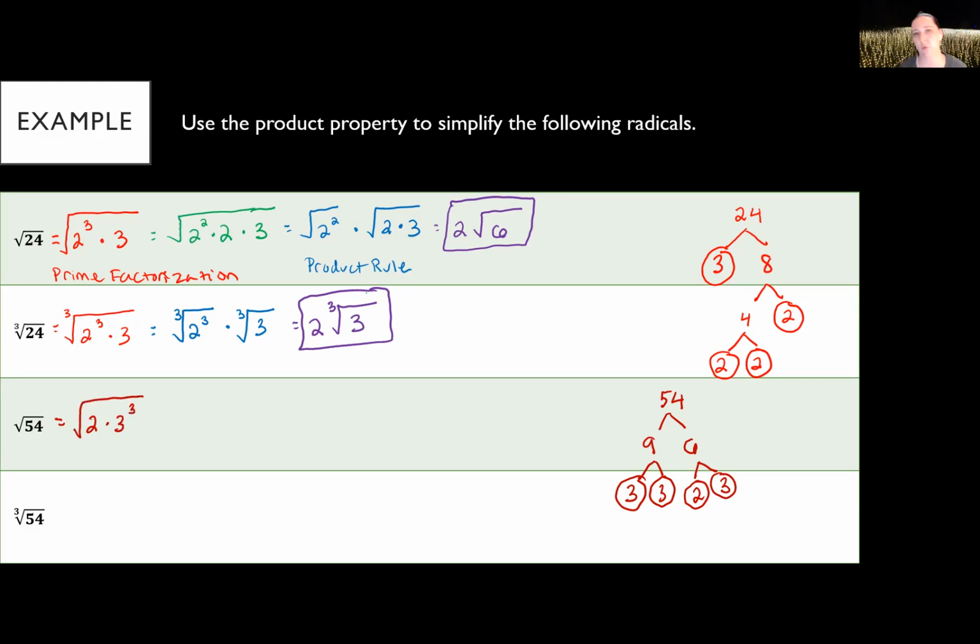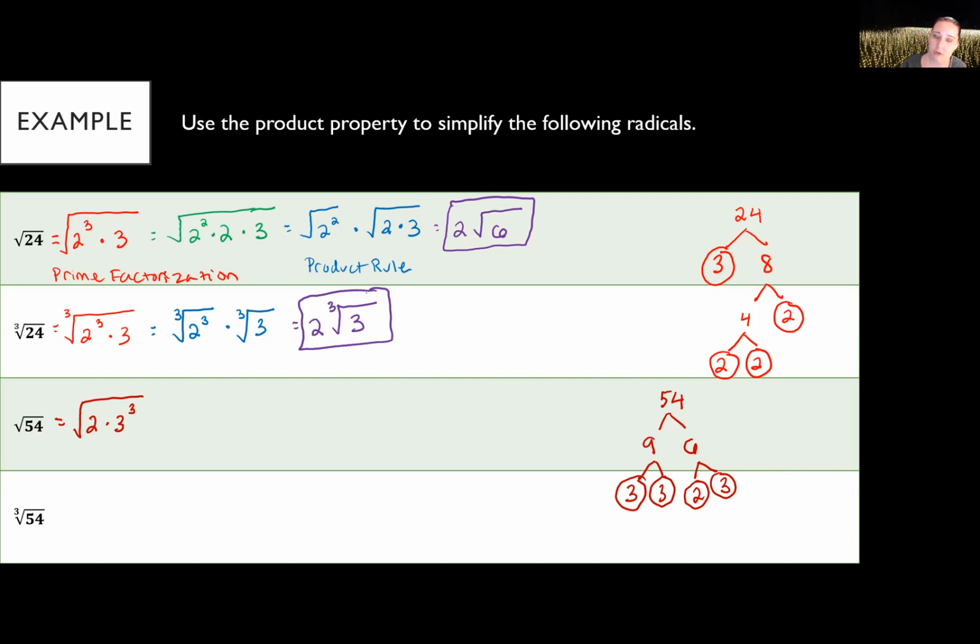And I'm looking at the square root here. So for square root, I want to make them exponents that I can divide by 2. I can't divide 3 by 2, but I can divide 2 by 2. So I'm going to split that 3 cubed as 3 squared times 3.